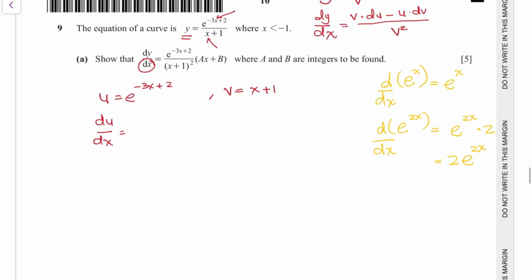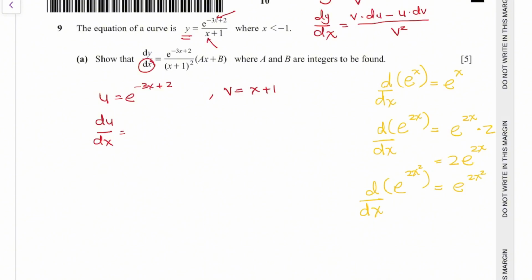I'll change it a bit. You have here e to the power of 2x squared, and you want to find the derivative with respect to x. What will happen? You will still have e to the power of 2x squared.